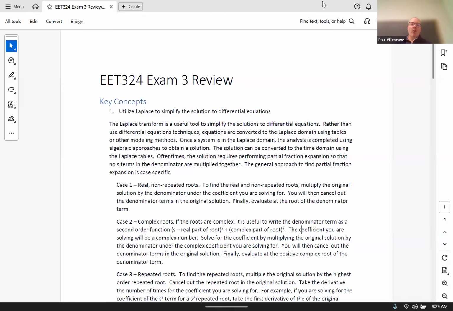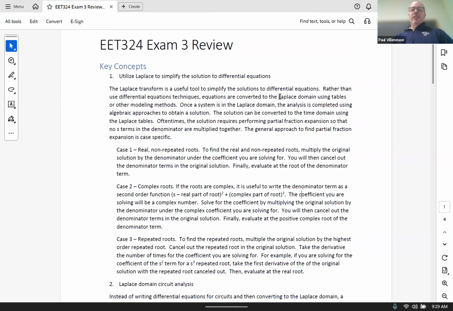All right, so the first concept is something we actually focused on with the last exam, but it is so important to be able to do this material. And it really is the key for this semester, in my opinion, to be able to use Laplace to solve any differential equation, right? Any homogeneous time invariant differential equation.